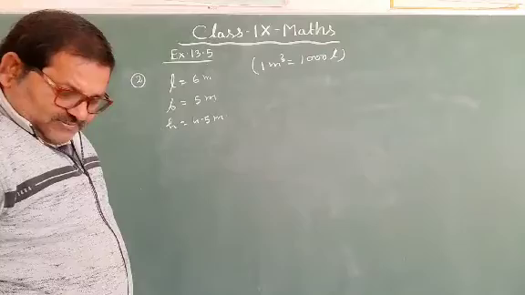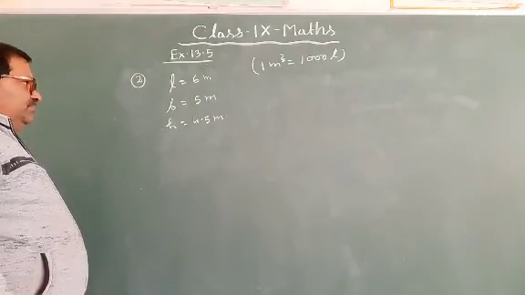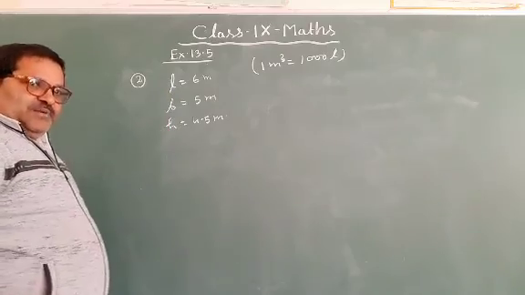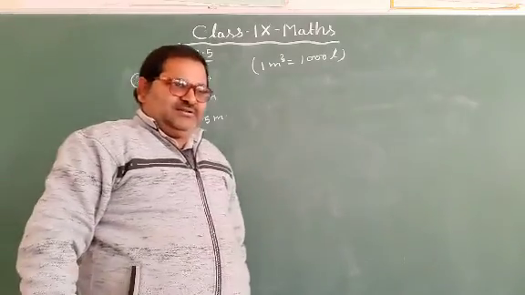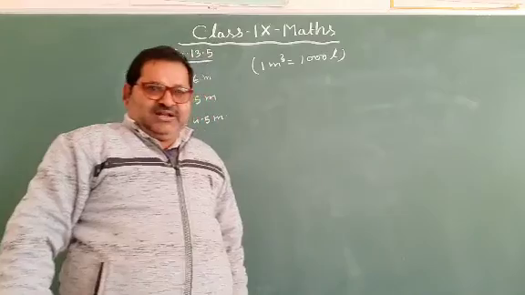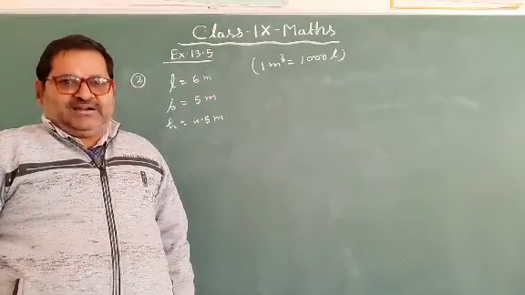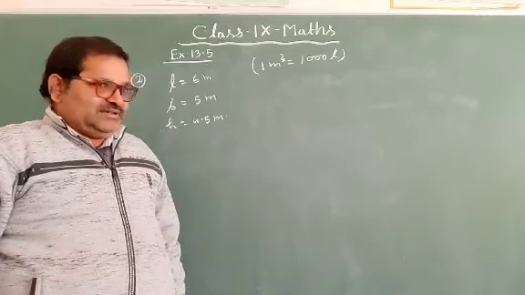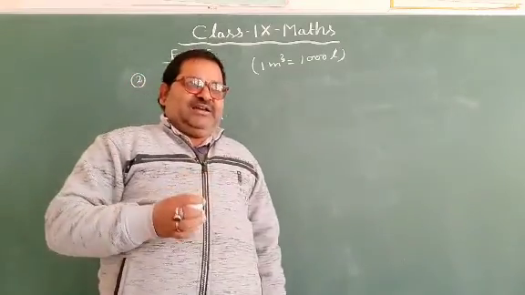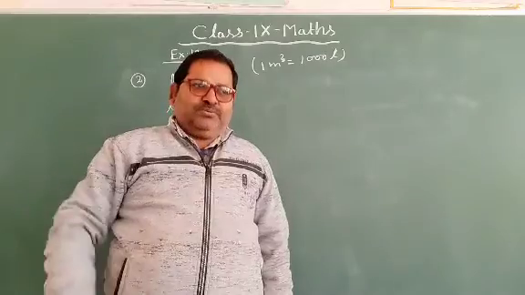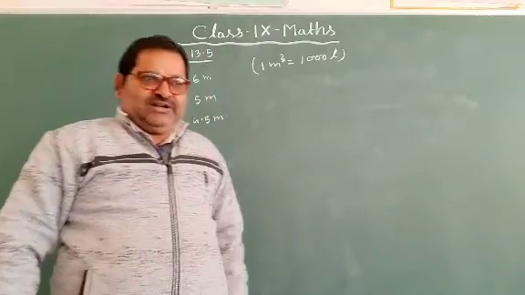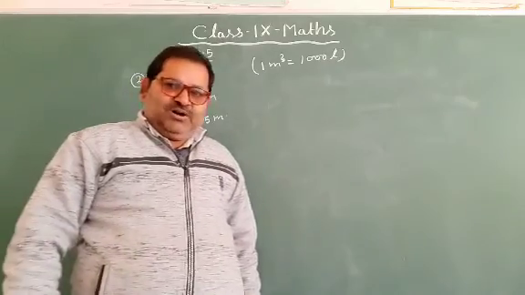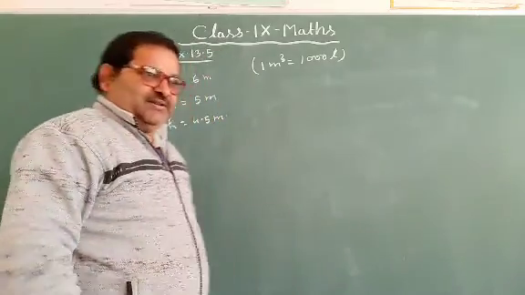This is the length, breadth and height of the cuboidal water tank, and it is given that 1 meter cube equals 1000 liter. First we find the volume of the cuboidal tank.